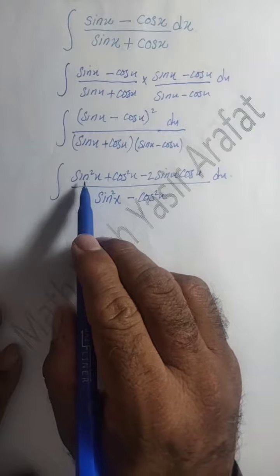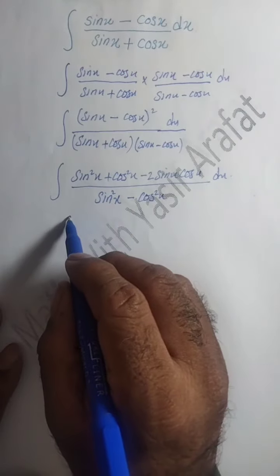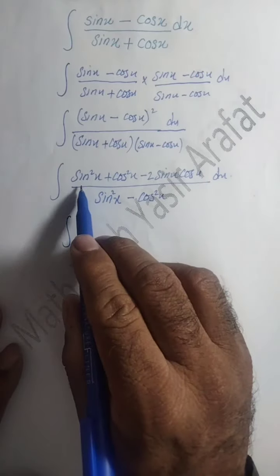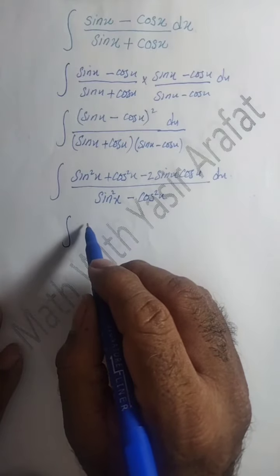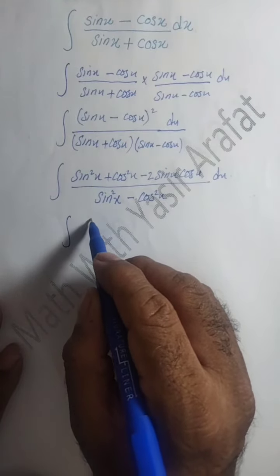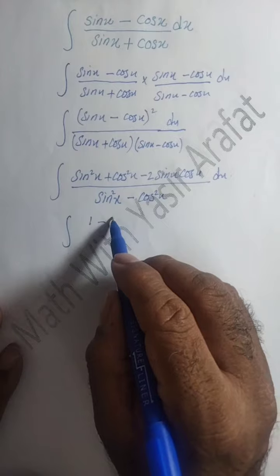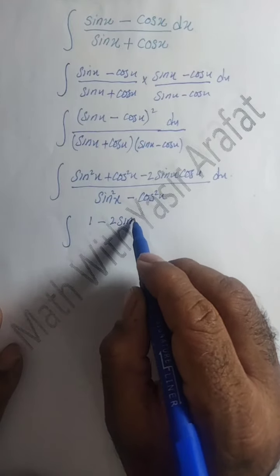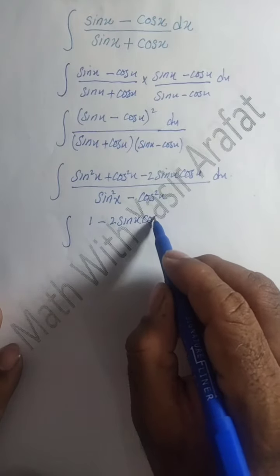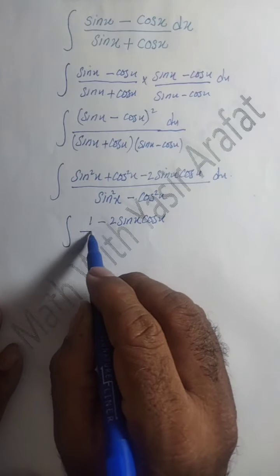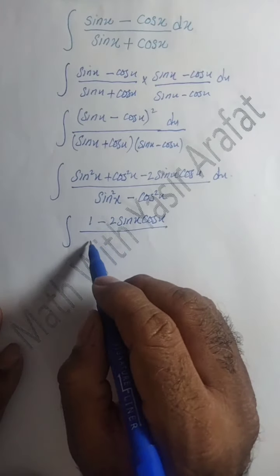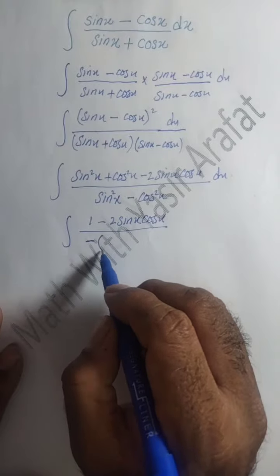So we know that sin square theta plus cos square theta is equal to 1. So sin square x plus cos square x is equal to 1, and this is minus 2 sin x cos x. In the denominator, we have to take out the negative sign common.